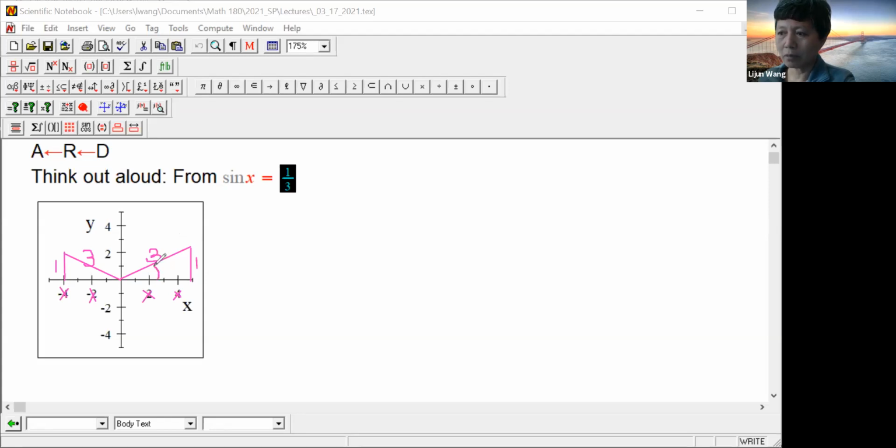This is one angle measurement. How is the angle measured? Counterclockwise, clockwise, right? I will call this angle theta. It's not a special angle, guys. How do you represent it?